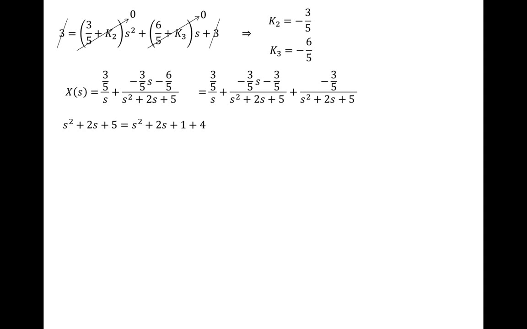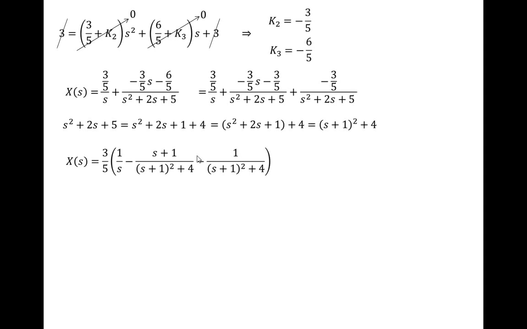To do so, I have s squared plus 2s plus 5. I split up 5 as 1 plus 4 and rearrange it as s squared plus 2s plus 1 plus 4. So I have s squared plus 2s plus 1 as (s plus 1) squared plus 4.